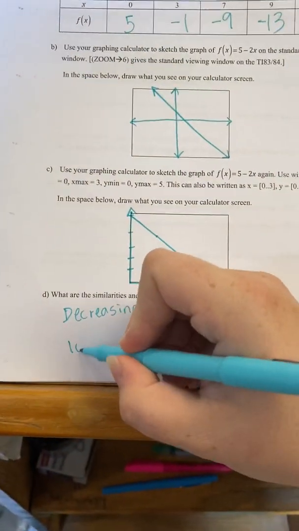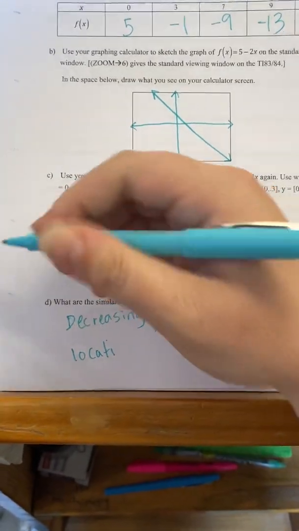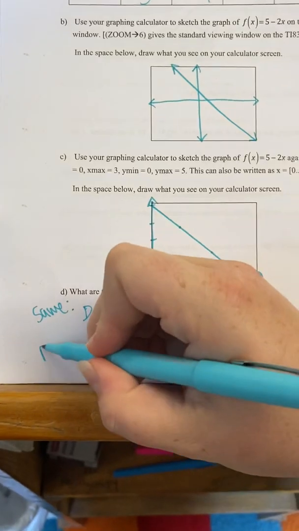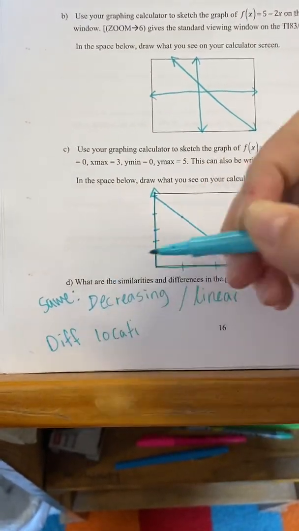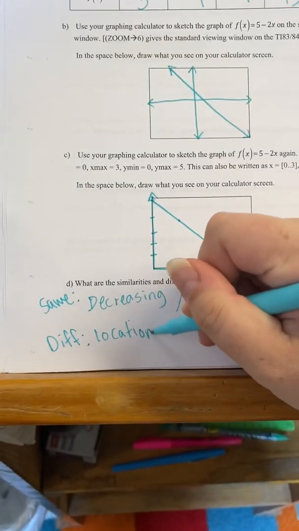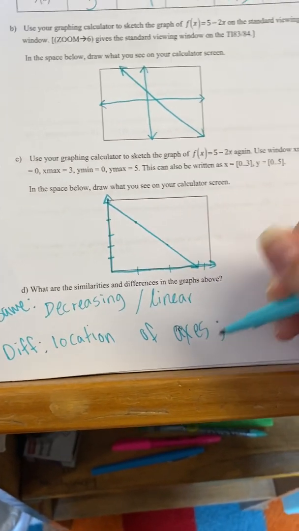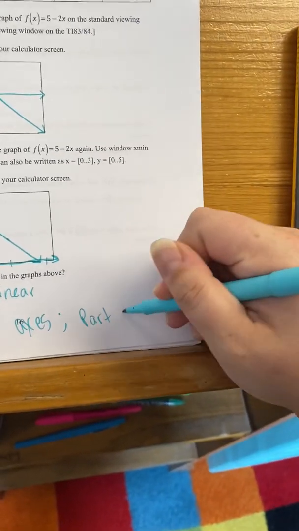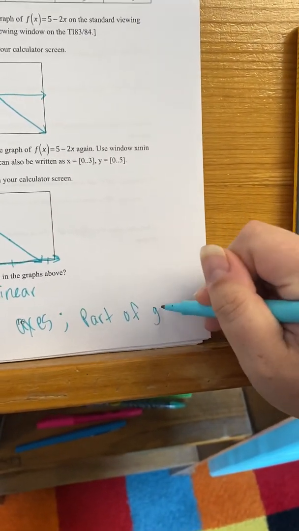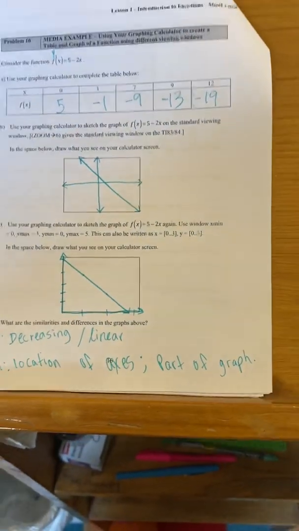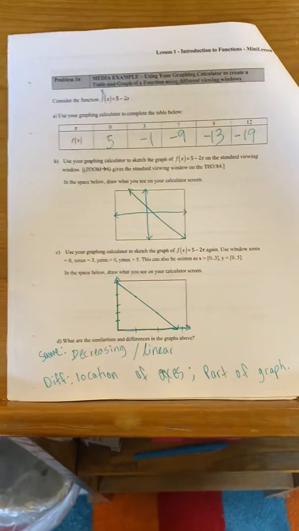Some differences, though, are the location of the axes and the part of the graph you see. All right, that's how to use your graphing calculator to graph a function.